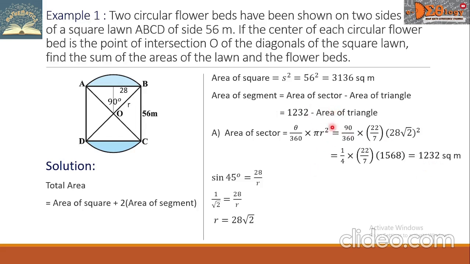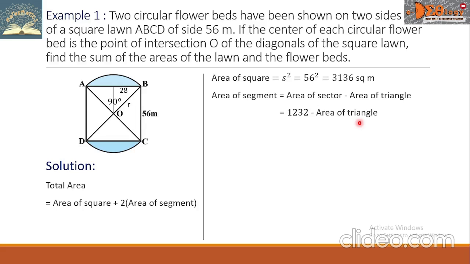Then let us solve for the area of triangle. For this triangle, we have the base as this AB, and that is 56. We don't have the height, and that is what we're going to solve. Consider the small right triangle here. We can write tangent 45 degrees equals 28 over h. The tangent 45 degrees is 1, and when we cross multiply, we will get the value of h as 28.